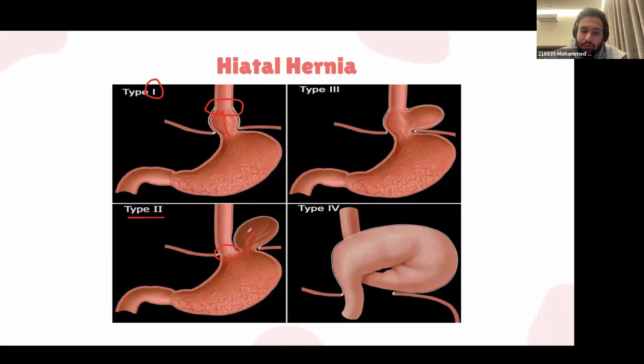Okay, it's going upwards. That's the most important thing. Here, it's the gastroesophageal junction plus part of the cardia of the stomach. Type 3 is a mixture of both, and type 4 is the whole stomach moves up with parts of the intestines and so on. Okay, it's very severe, and usually you need to do surgical management of type 4.